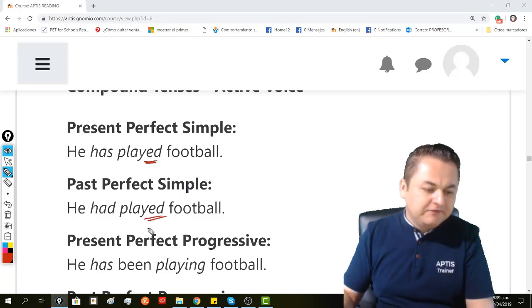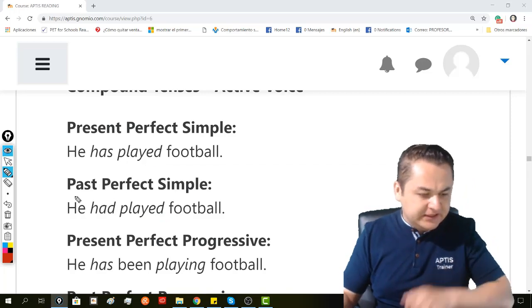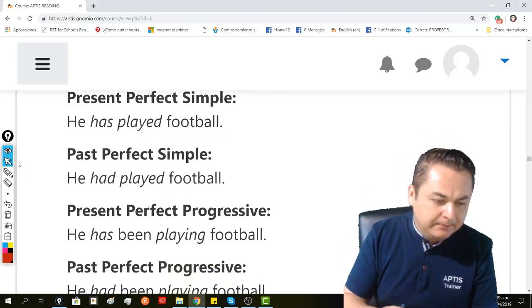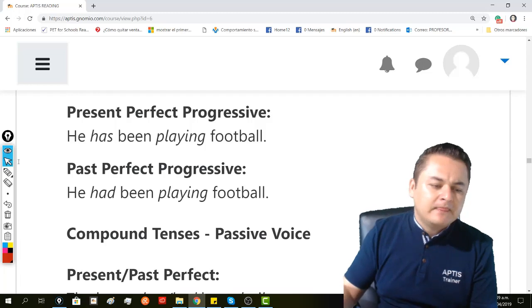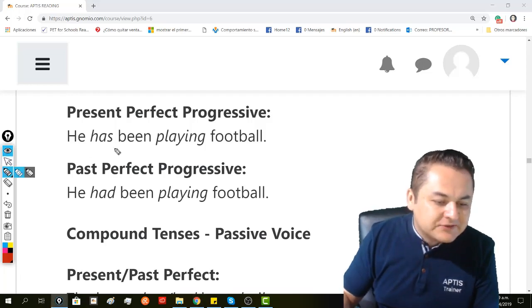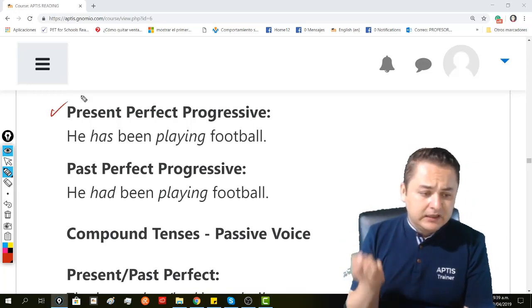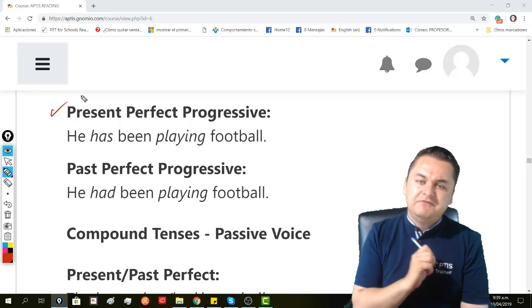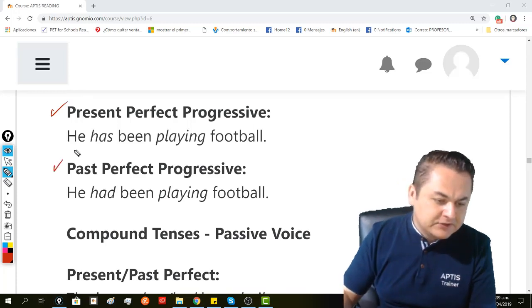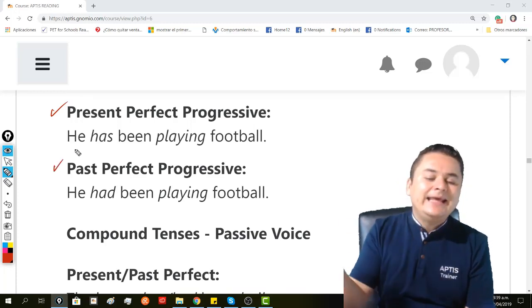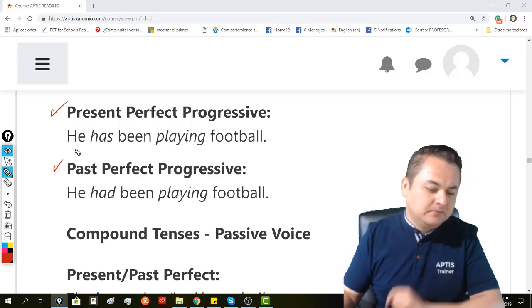He had played football for present perfect and past perfect tenses. Then we can say he has been playing. I'm going to use the verb in present perfect progressive. He has been playing football. For the past perfect, I can say he had been playing football.